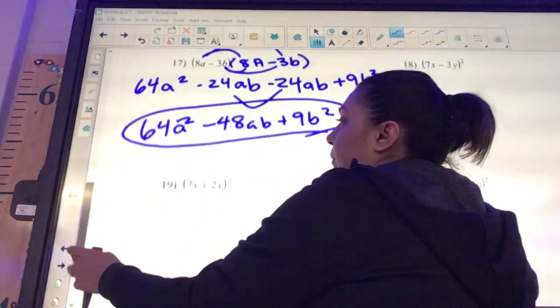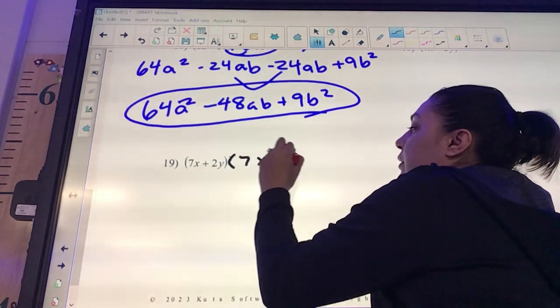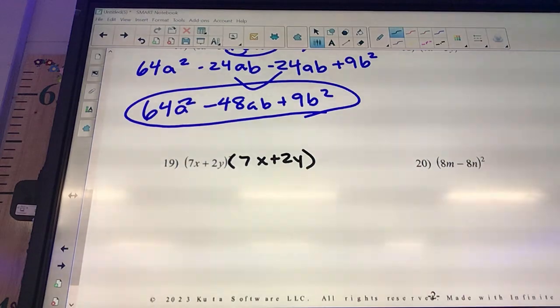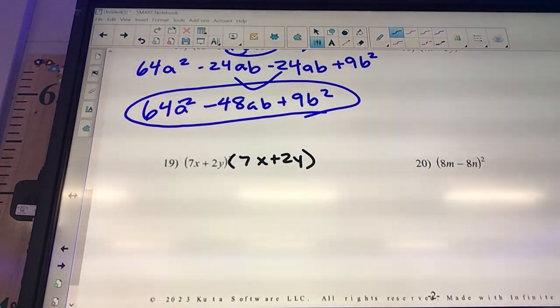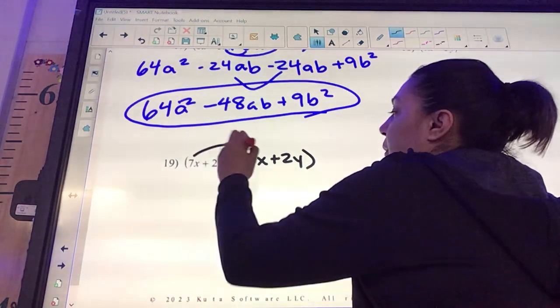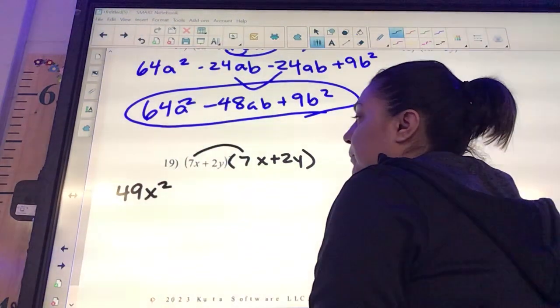Okay, 19. I can write this a second time as 7x plus 2y. Okay, so 7 times 7 is going to give me 49x squared.